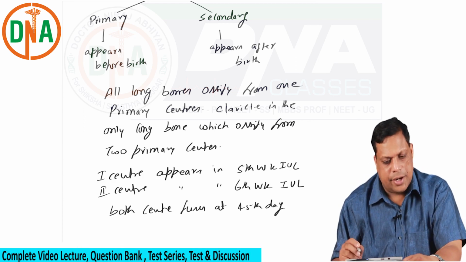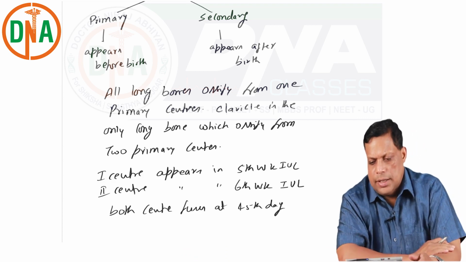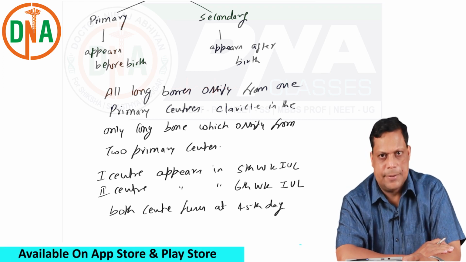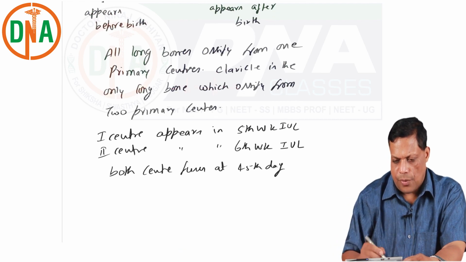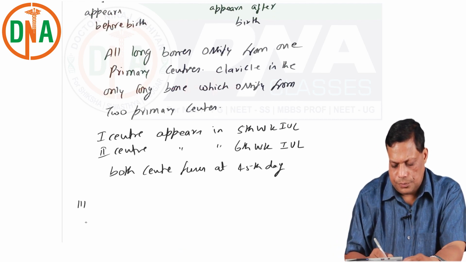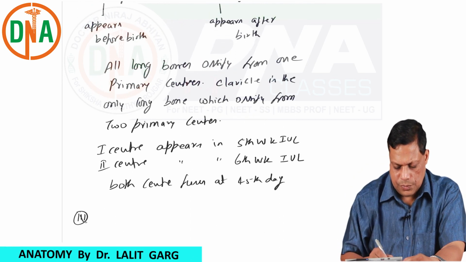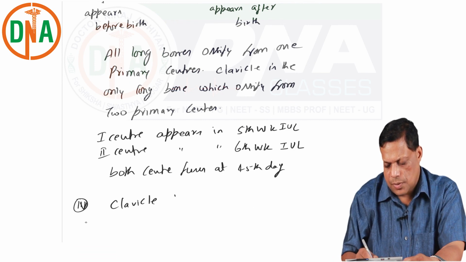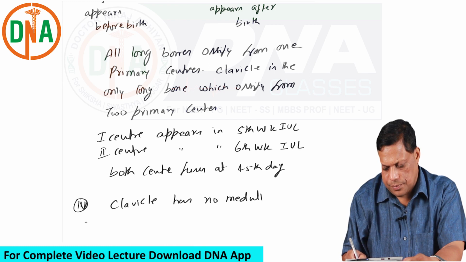IUL, this is intrauterine life. So this is a unique feature of the clavicle bone, that it ossifies from two primary centers. The next feature: clavicle bone has no medullary cavity.